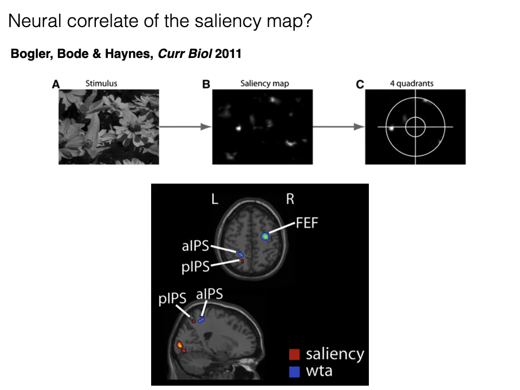Here is an example of a previous paper in which the group of John-Dylan Haynes used fMRI to look at whether there would be correlation between patterns of activations in the human brain and saliency as predicted by our model. They found several areas of significant correlation, which are the usual suspects: the frontal eye field and the posterior and anterior intraparietal sulci.